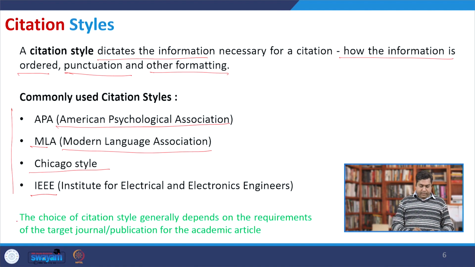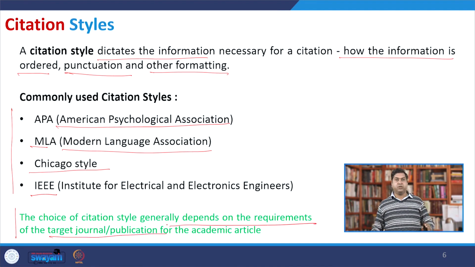The catch is that the choice of citation style generally depends on the requirement of the target journal or publication for an academic article. Even if you are preparing your thesis, many institutions have a certain kind of format. They prescribe whether you go for APA, or for some Harvard style, or for IEEE style, and normally people do follow that.